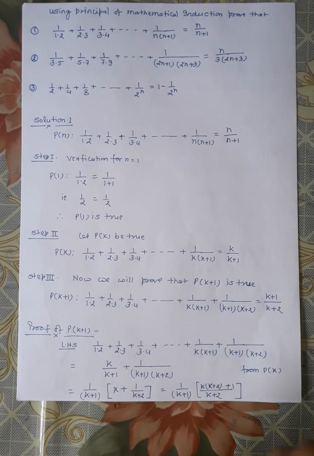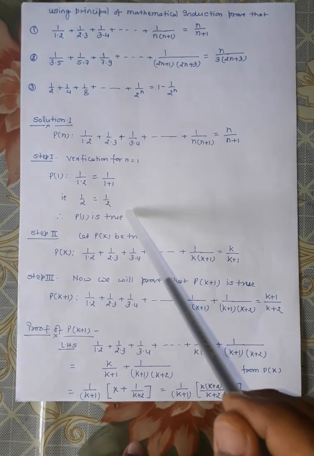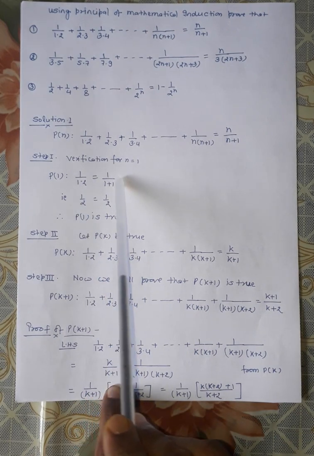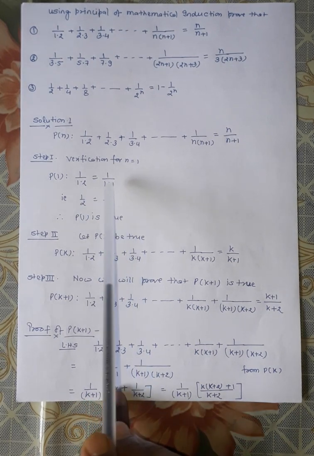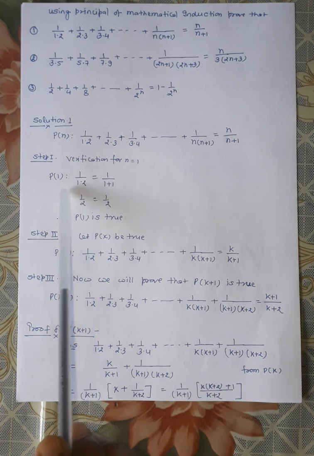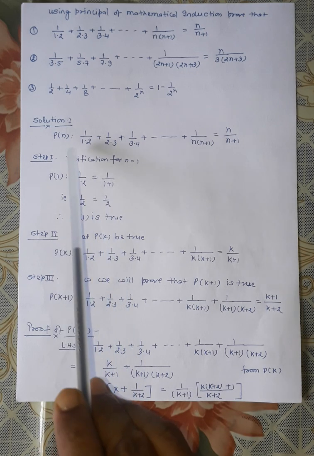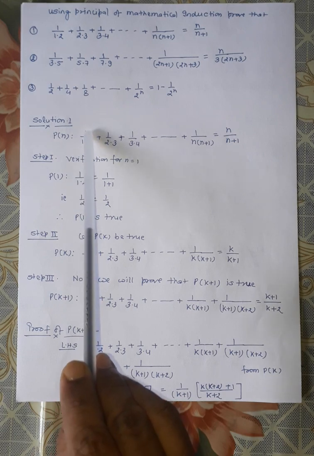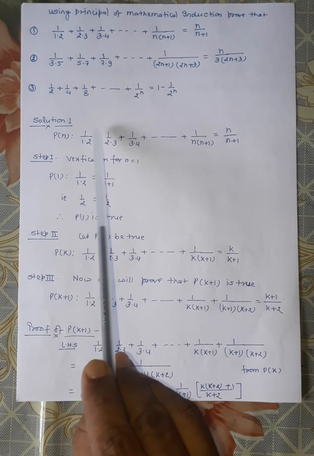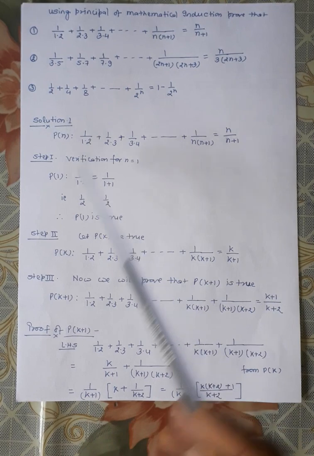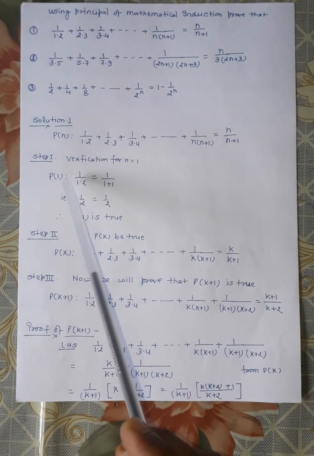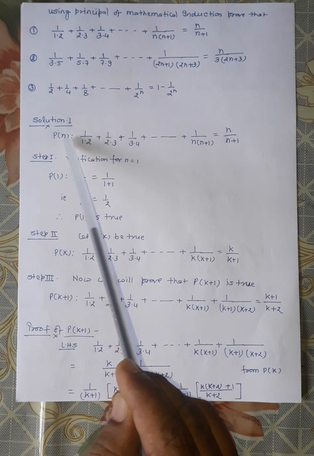As I explained, our very first step will be the verification step. As I have written here, this step is our verification step. So P1 means the sum of the first one term only. See this, sum of the first one term, P1. So 1 upon 1 into 2 will be taken because only one term is taken.